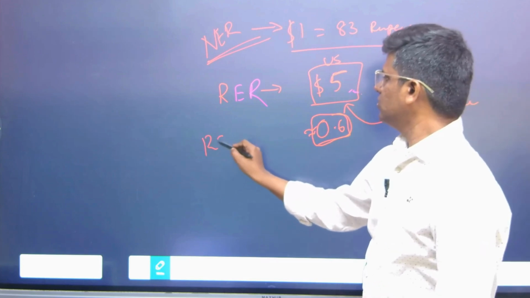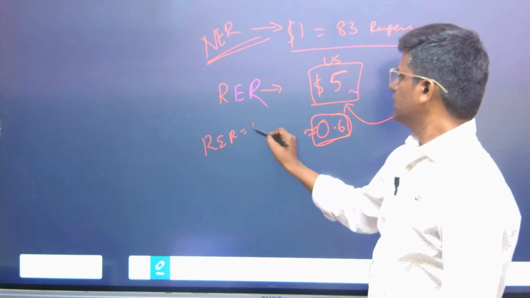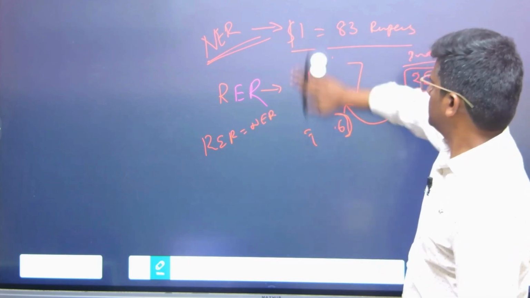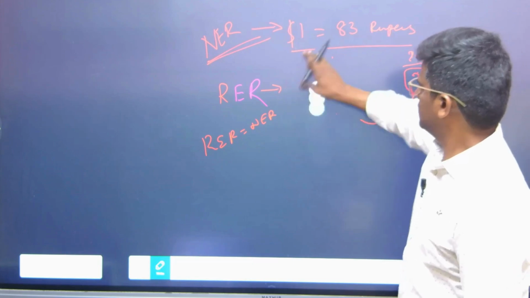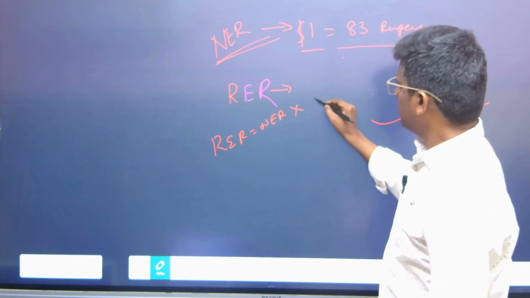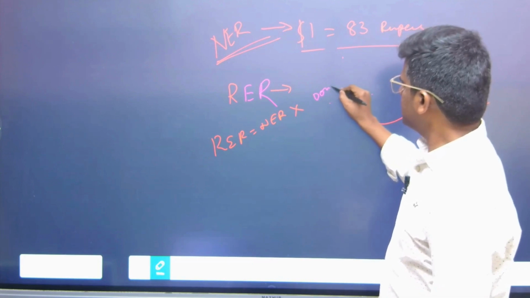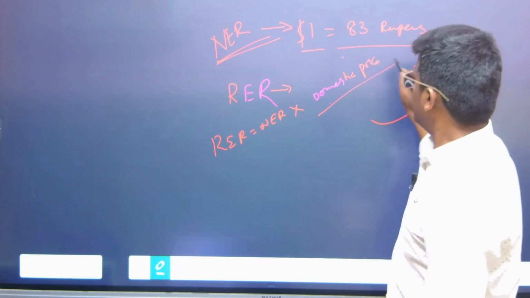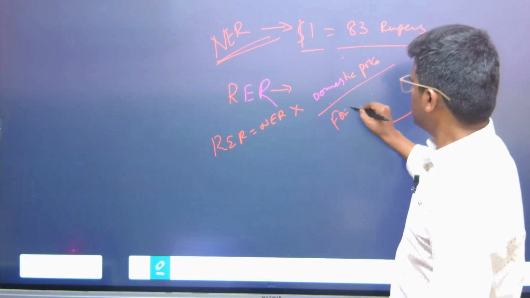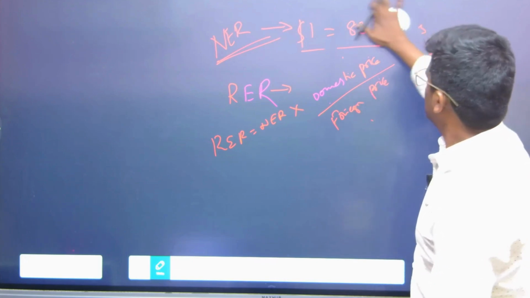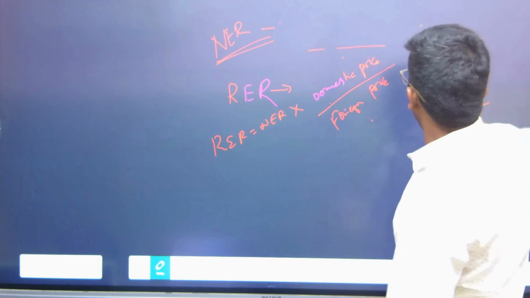RER is equal to NER into the domestic price divided by the foreign country's price of the good. This is our real exchange rate.